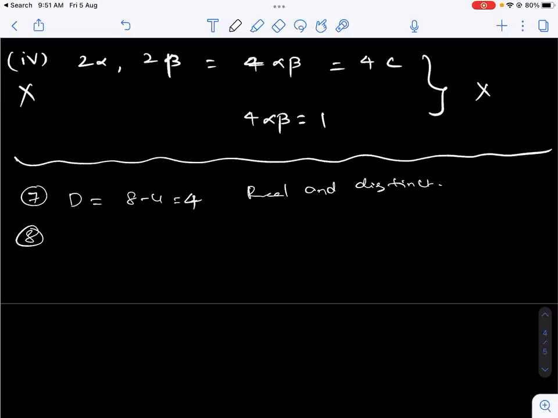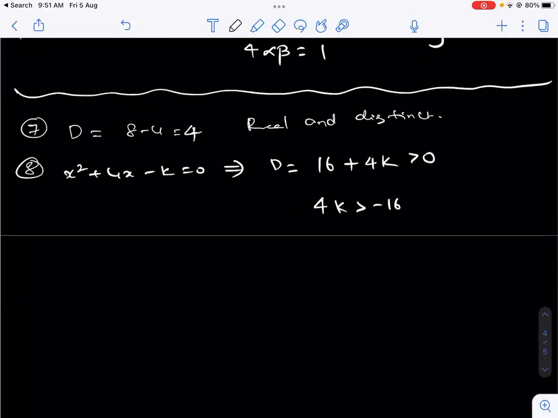Eighth one, x square plus 4x minus k is equal to 0 implies the discriminant is how much? 16 plus 4k is greater than 0, because they told it has real and distinct roots. So 4k is greater than minus 16. So k is greater than minus 4. So option B is the right answer.